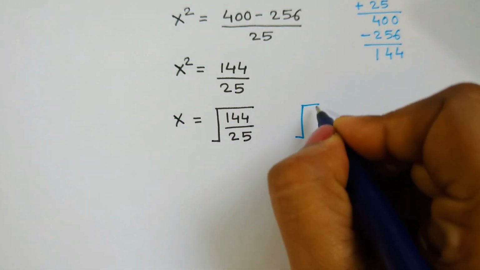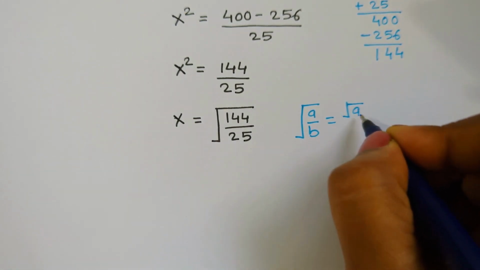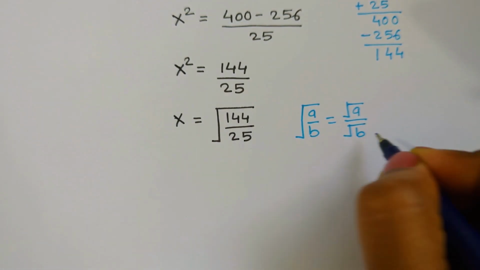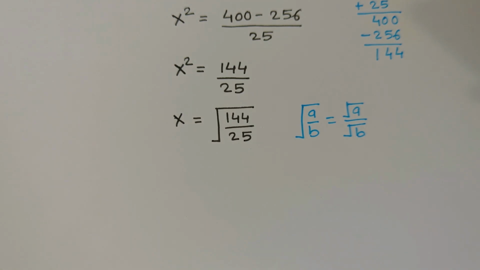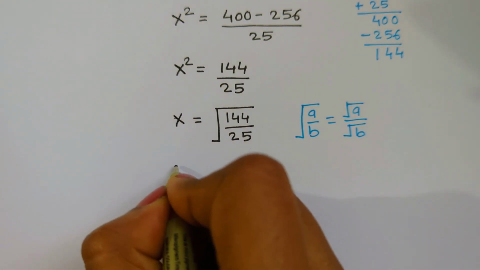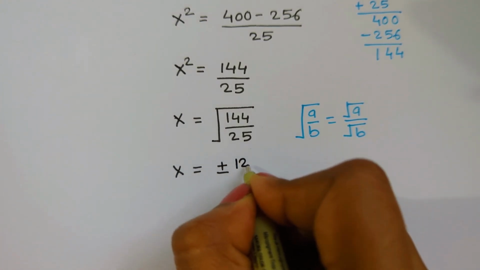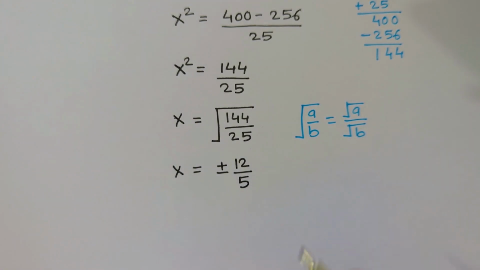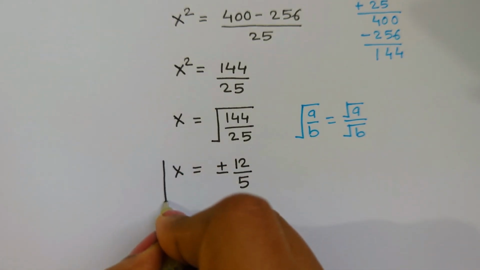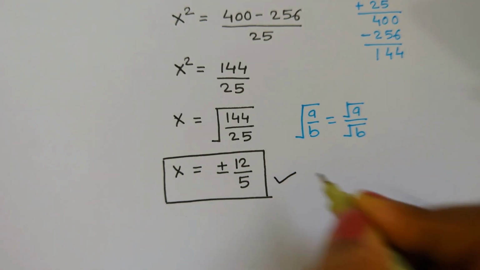We know that square root of a divided by b, we can write as square root of a divided by square root of b. So let's separate the square root in our equation. We know square root of 144 and 25 separately, so it would be plus or minus 12 divided by 5. So this is the final value that we have of variable x.